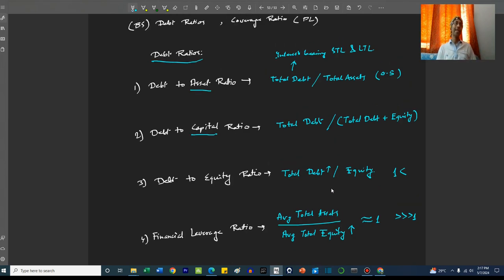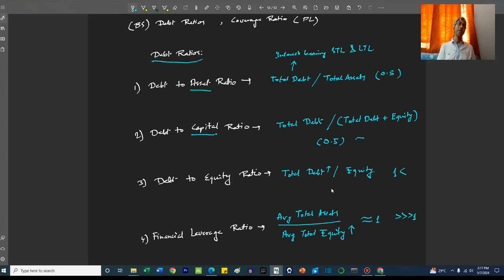Similarly, debt to capital, if it is 0.5, that means debt and equity are equal. So if this number is less than 0.5, then it's a good sign. If it is more than 0.5 and going upwards, then it's a bad sign.